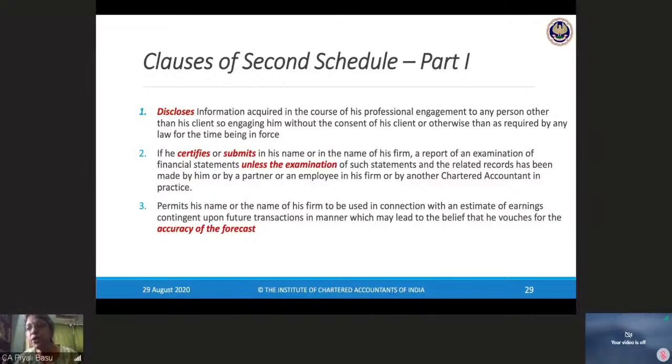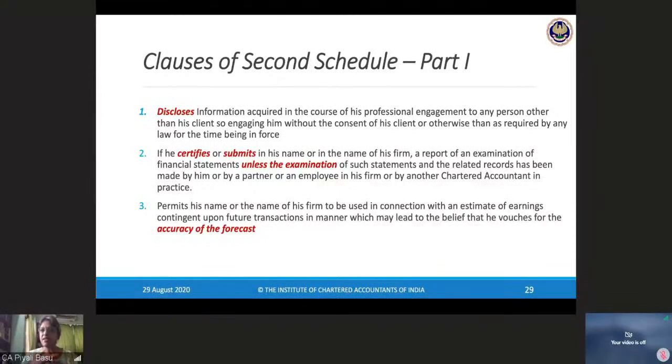Okay? A central statutory auditor relies on the branch report done by the branch auditor. Would they go and start auditing again? No, that's not required.